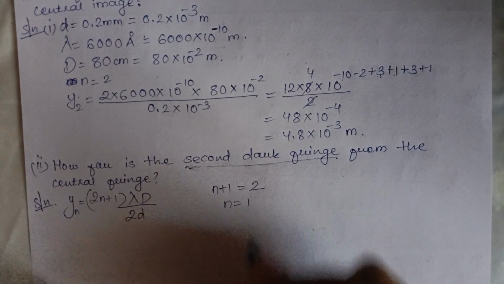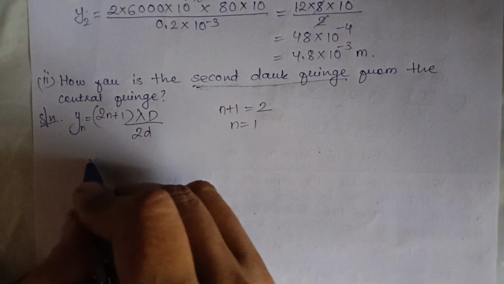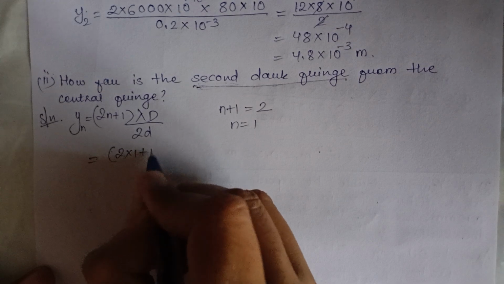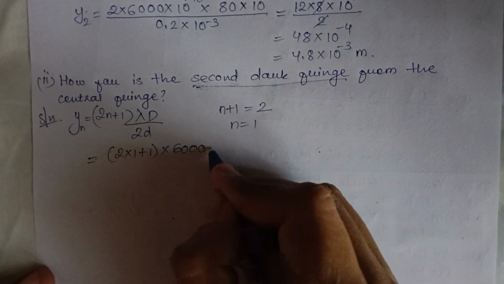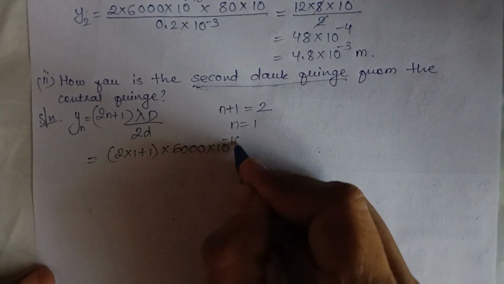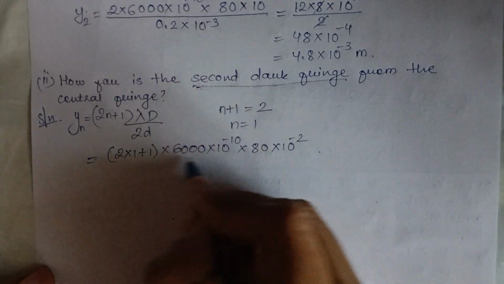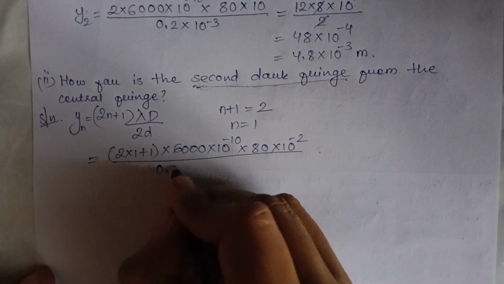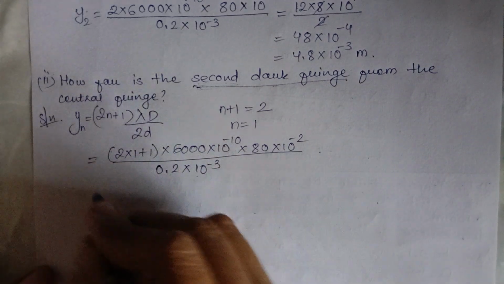So our n is 1. Okay, so let's substitute n equal to 1 in this formula. So this is 2 into 1 plus 1 into lambda is 6000 into 10 raised to minus 10 into 80 into 10 raised to minus 2 upon 0.2 into 10 raised to minus 3.